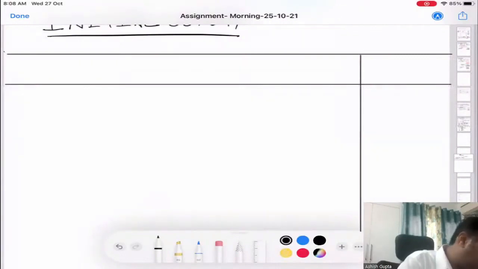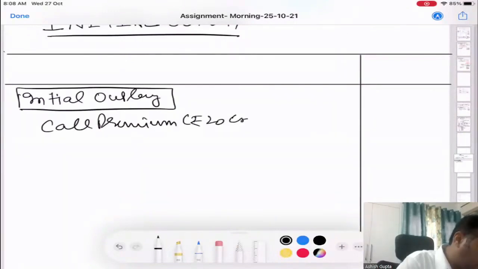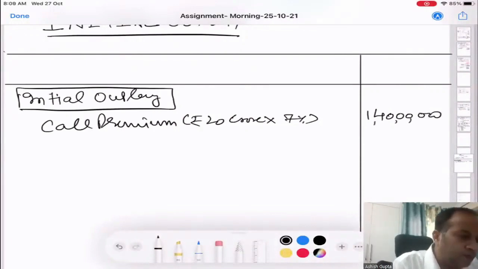So first comes our initial outlay: call premium, 1.4 crore, that is 140 lakhs.